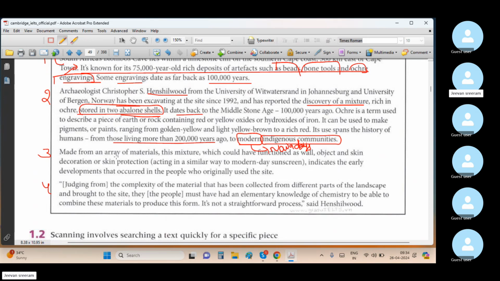Made from a wide variety of materials, the mixture could have functioned as well as been used for object or skin decoration. You can even write decoration, skin decoration, object decoration, skin protection. Just like modern day sunscreen.